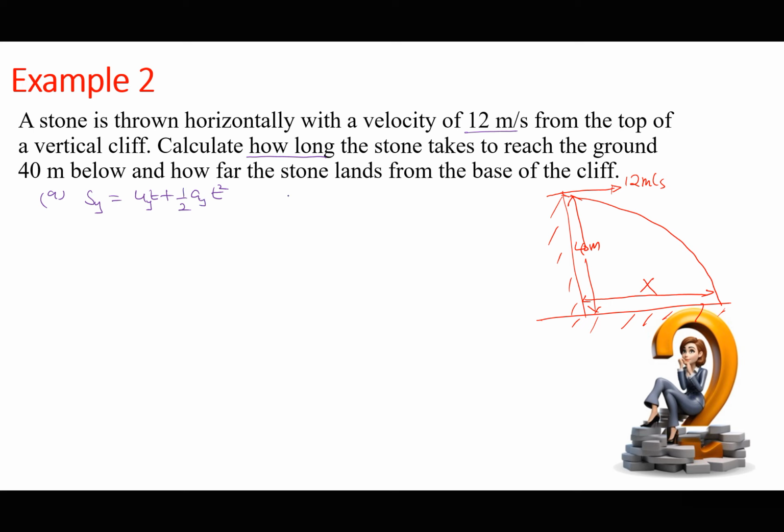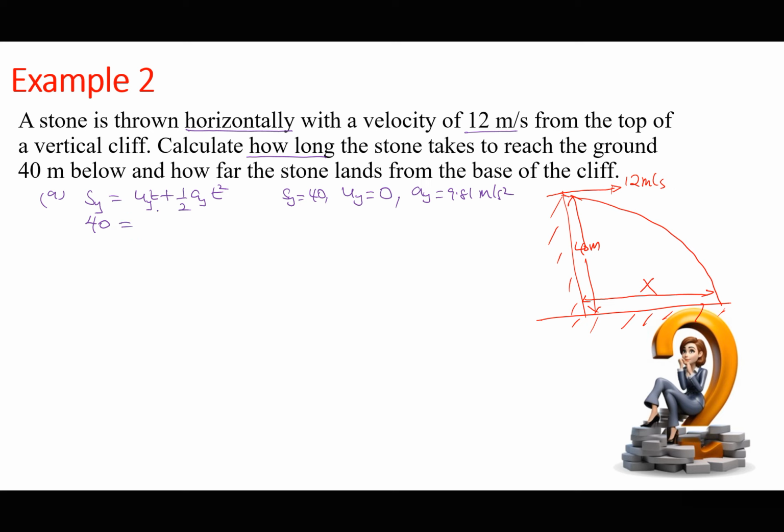Remember, s in the vertical is 40 meters. Initial velocity in the vertical is 0 because the body was projected horizontally. Acceleration in the vertical is going to be 9.81 meters per second squared. So I'll substitute to find t. s in the vertical is 40, not negative 40, because the motion was not upwards, it was just downwards.